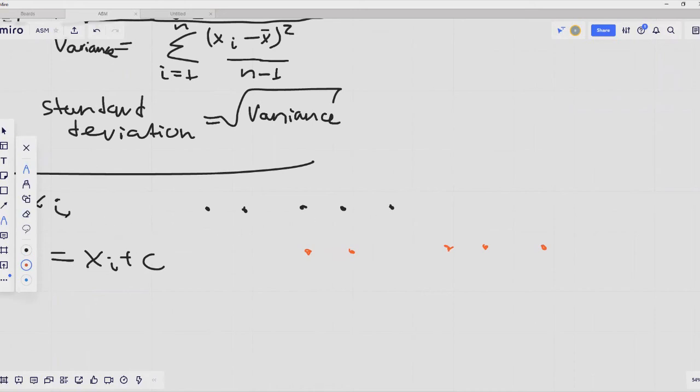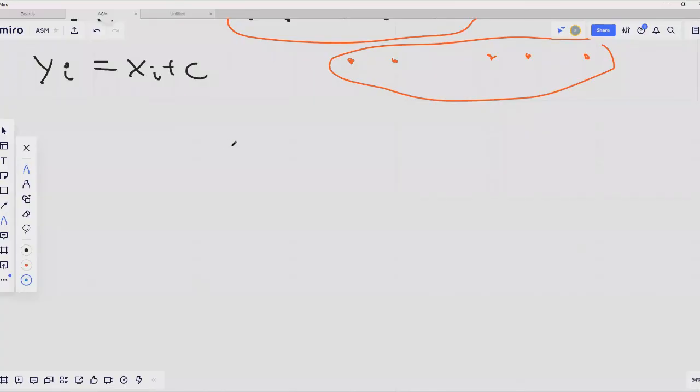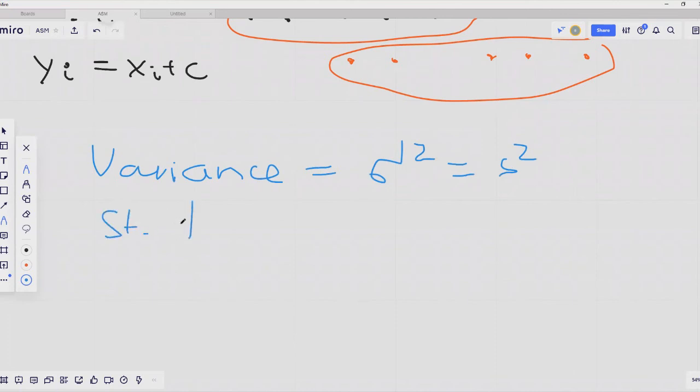Now, if you look at xi's and yi's, you can notice that the variability of those two didn't change. Now, let's show that. Variance is usually denoted as sigma squared or small s squared, and standard deviation is denoted as sigma or small s. We use this small s notation in our book.